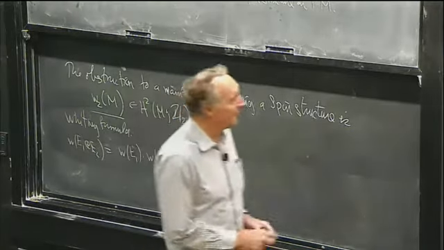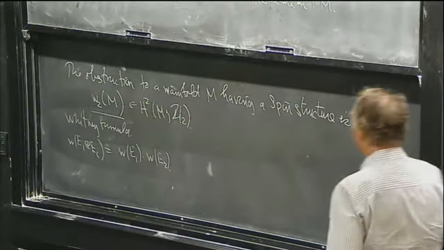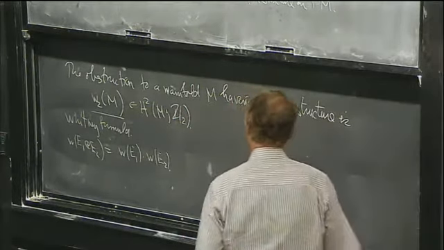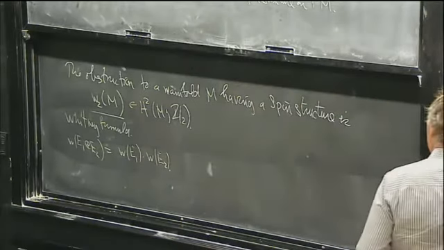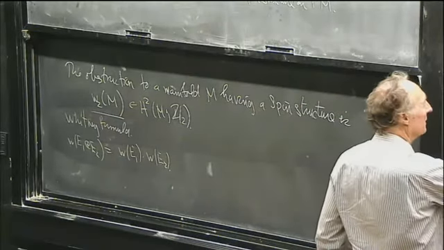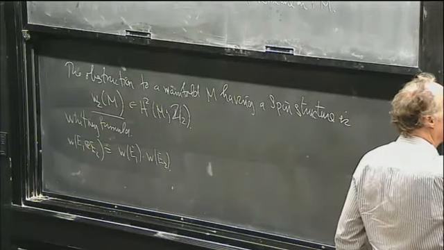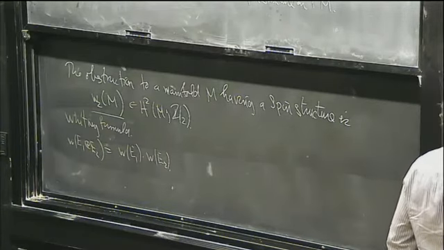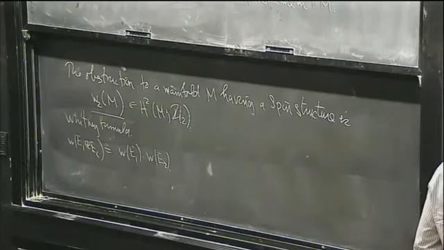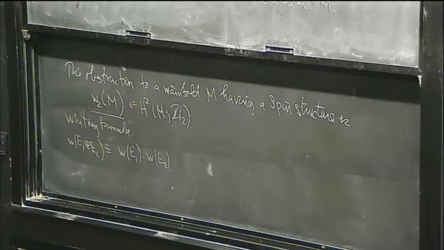All right. Well, once you have the existence question, there's the uniqueness question. The number of spin structures up to isomorphism, if it has one, given one, is the cardinality of the first cohomology with Z2 coefficients.